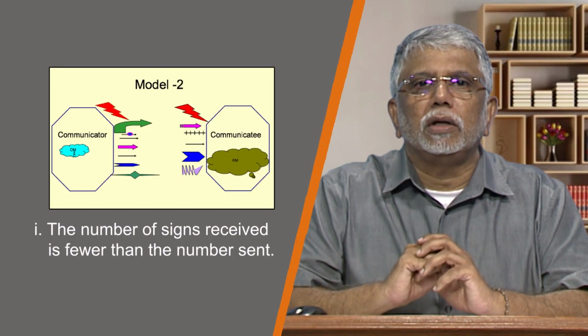the process of communication. See, when I want to say something, I am choosing my signs carefully, because if I have chosen 10 different kinds of signs, it is because I firmly believe that I need a minimum of those 10. I need all 10 to convey my message effectively to the communicatee.